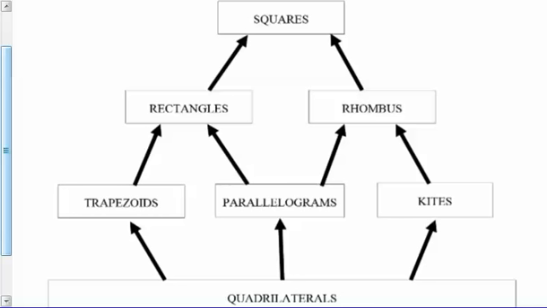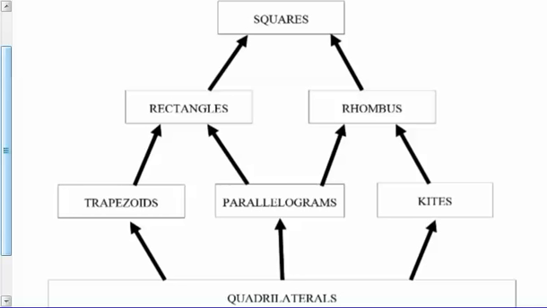A rectangle will have every property of a trapezoid. Any properties that I told you about trapezoids are true for rectangles as well. There's nothing that a trapezoid, including isosceles trapezoids and right trapezoids, there's no property that any trapezoid has that a rectangle does not also have. So in a sense, you could call a rectangle a trapezoid.